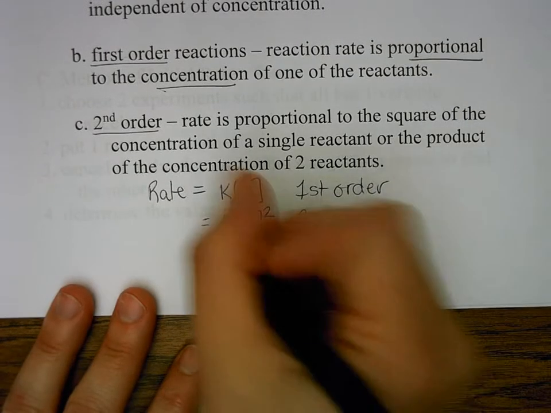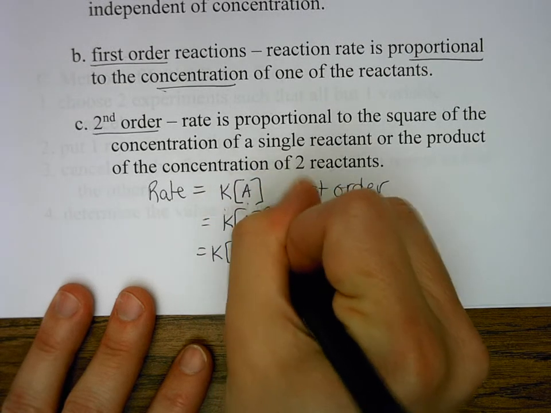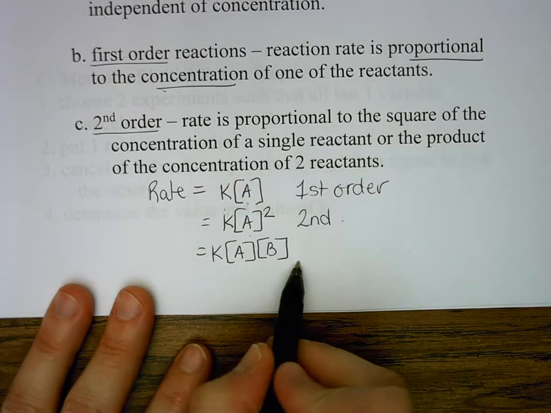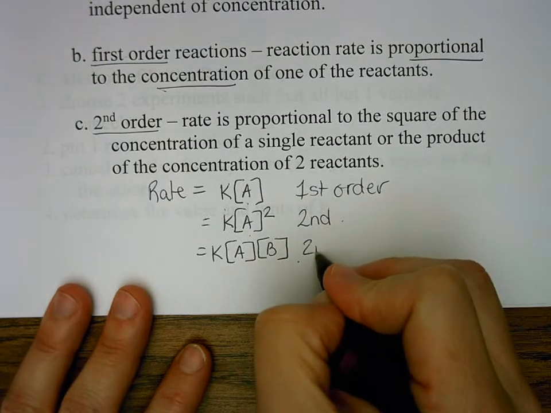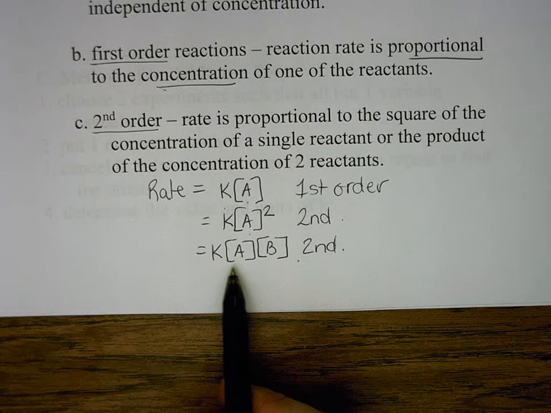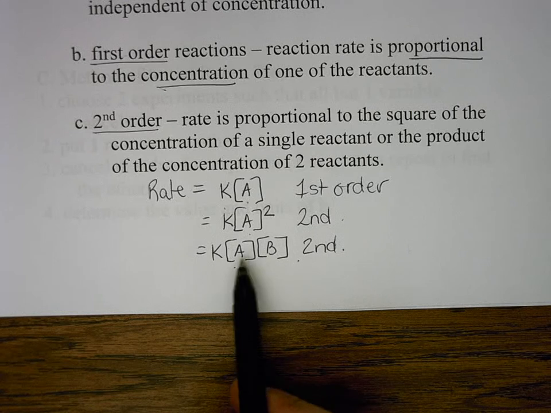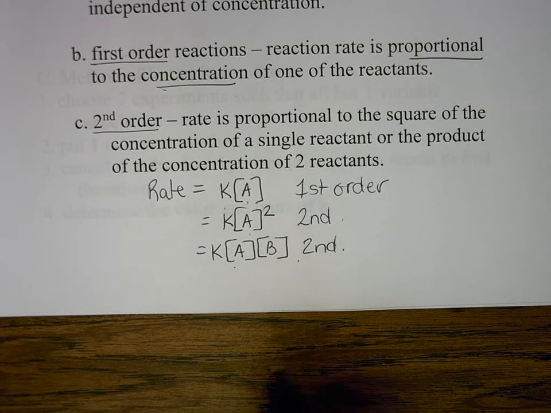Also, second order, I could have rate equaling K times the concentration of A times the concentration of B. That is a second order equation because it depends on the concentration of A, but not only that, it also depends on the concentration of B. Changing the concentration of either one of those things would also affect the rate of the reaction.